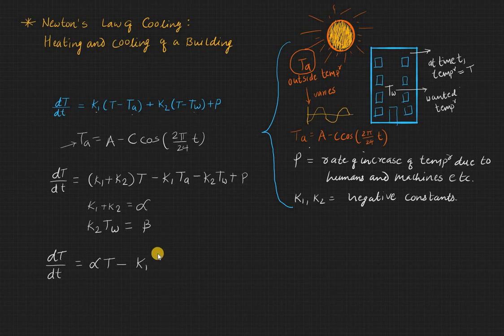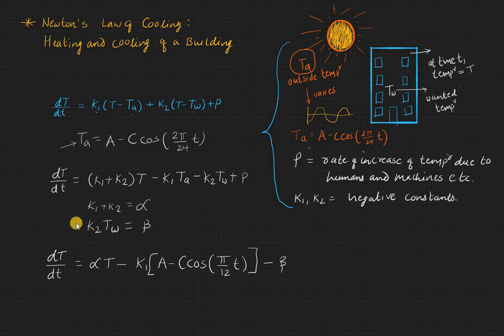So K1 into the bracket, we have A minus C cos of pi by 12 into T, minus beta.